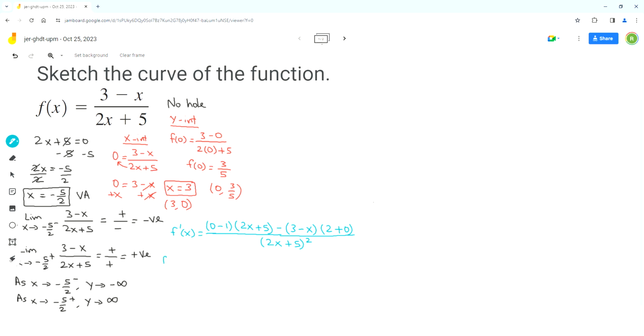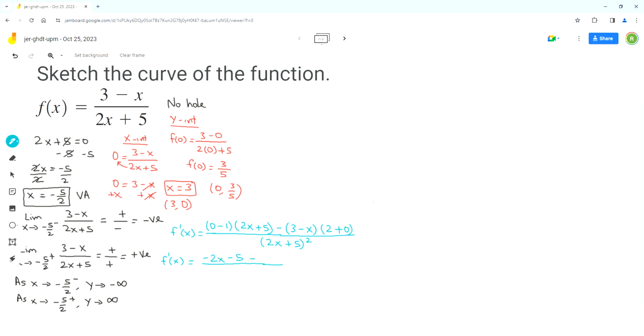Now we can simplify this expression. So f prime of x equals, in the numerator 0 minus 1 is negative 1 and we can distribute the negative 1 into the parentheses 2x plus 5. So we'll get negative 2x, negative 5, and in the second part, 2 plus 0 is 2 and we can distribute the 2 and the negative sign in the parentheses.